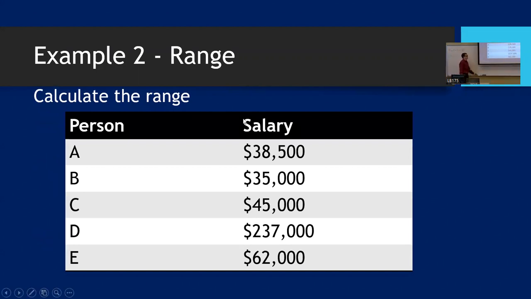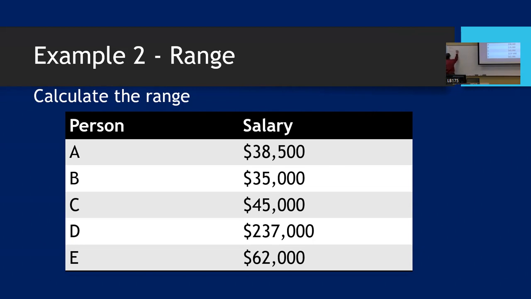Let's take a look at this set. This is a set we've dealt with before. We found the central tendencies of this set. This was the set of salaries. Let's look at the range for this. The smallest number in this set is 35,000. The biggest number in this set is 237,000.